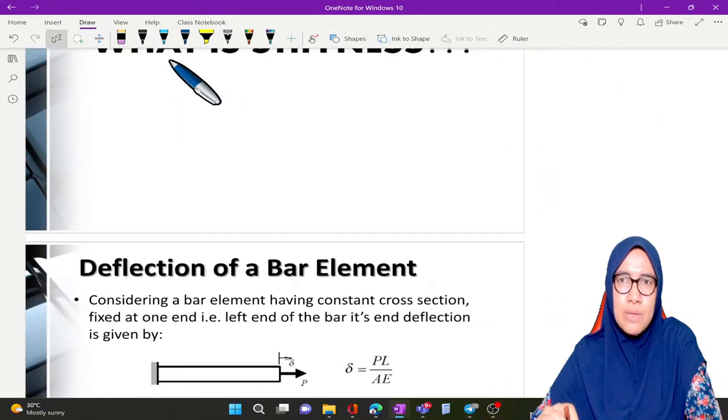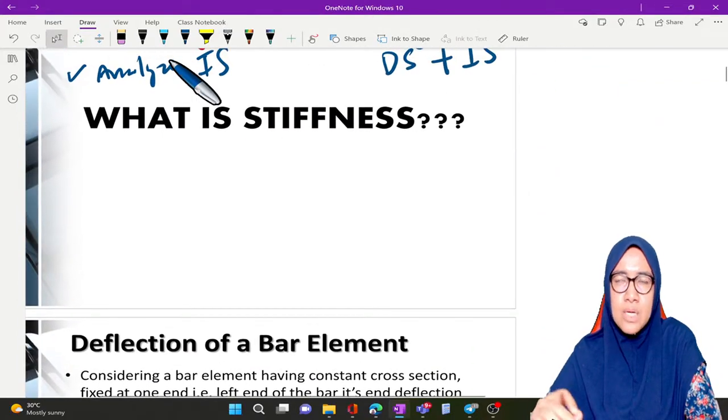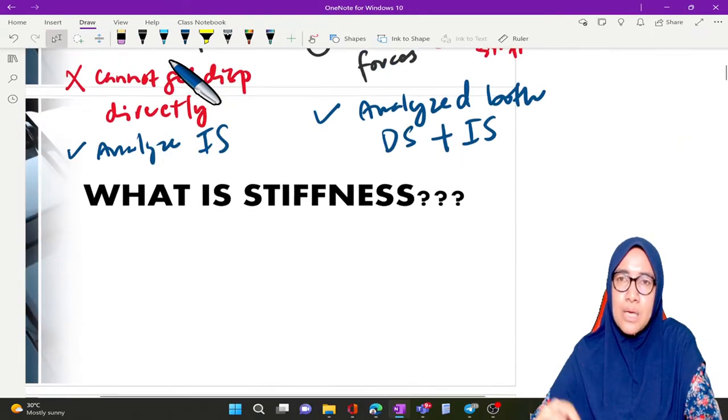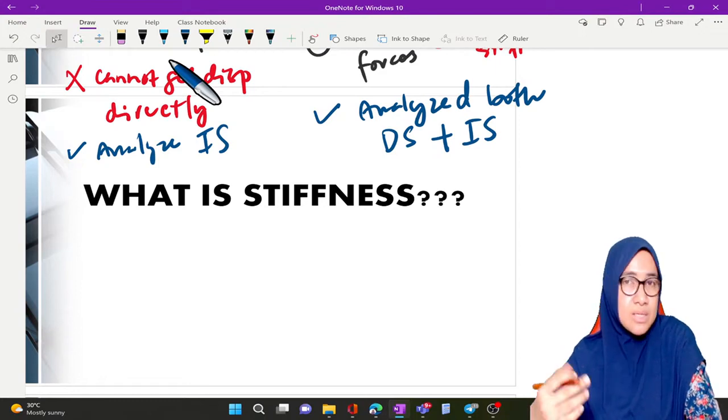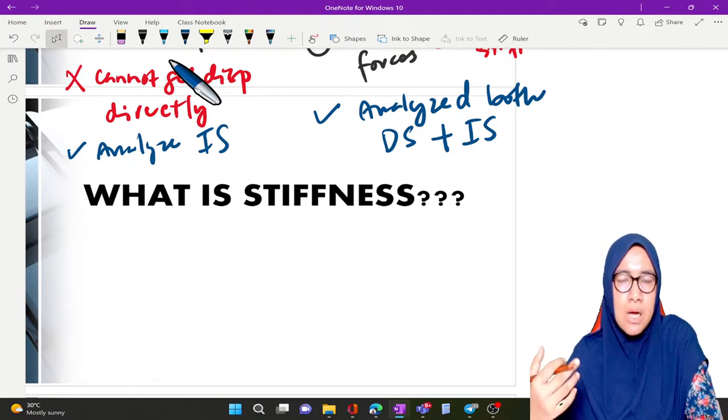So it will be easier for us to understand the stiffness method before we model the structure using structural engineering software. It can be programmed in the software.